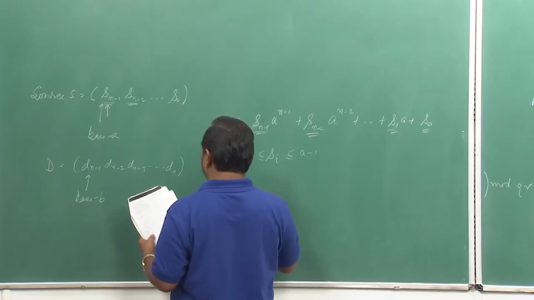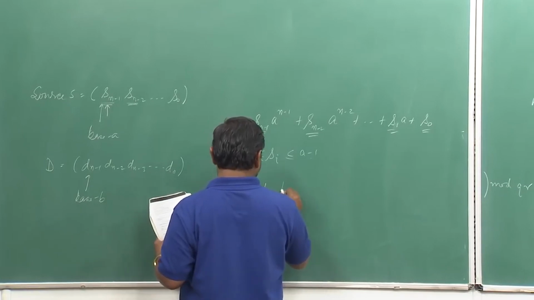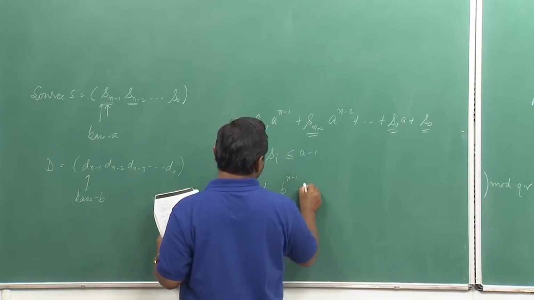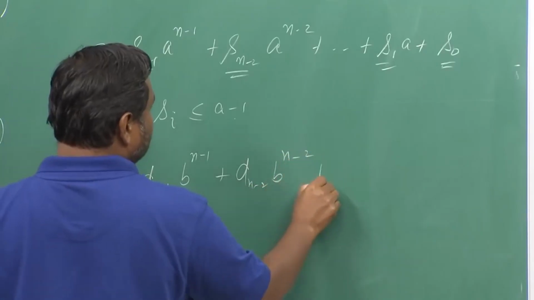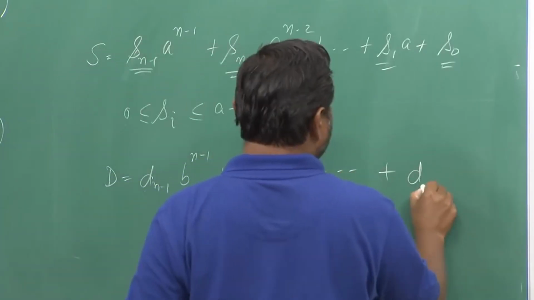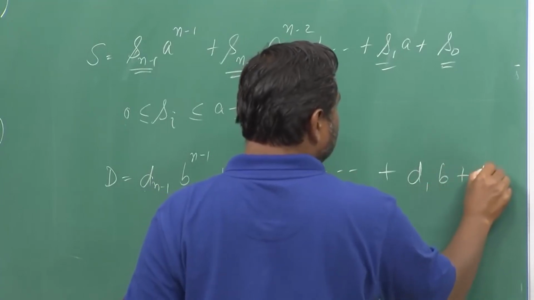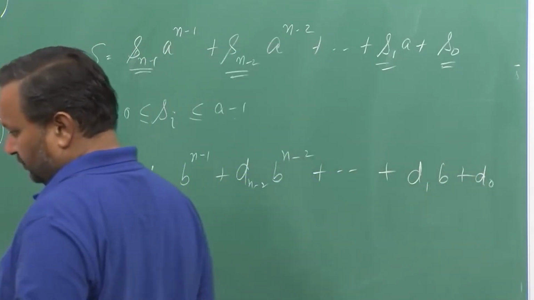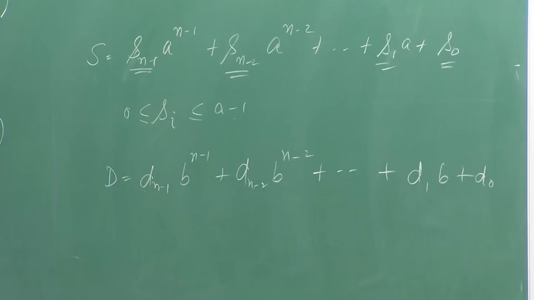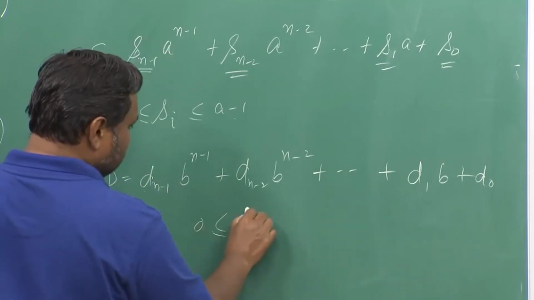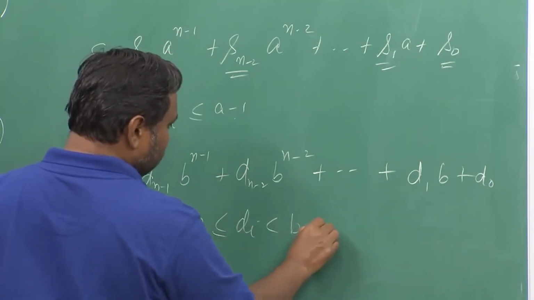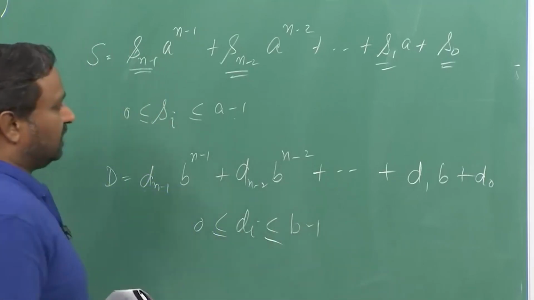So, in decimal this will be now D of n minus 1 b raised power n minus 1 plus d of n minus 2, b raised power n minus 2, and so on till d of 1b plus d 0. Okay. So, in this case 0 less than equal to di will now change from 0 to b minus 1.